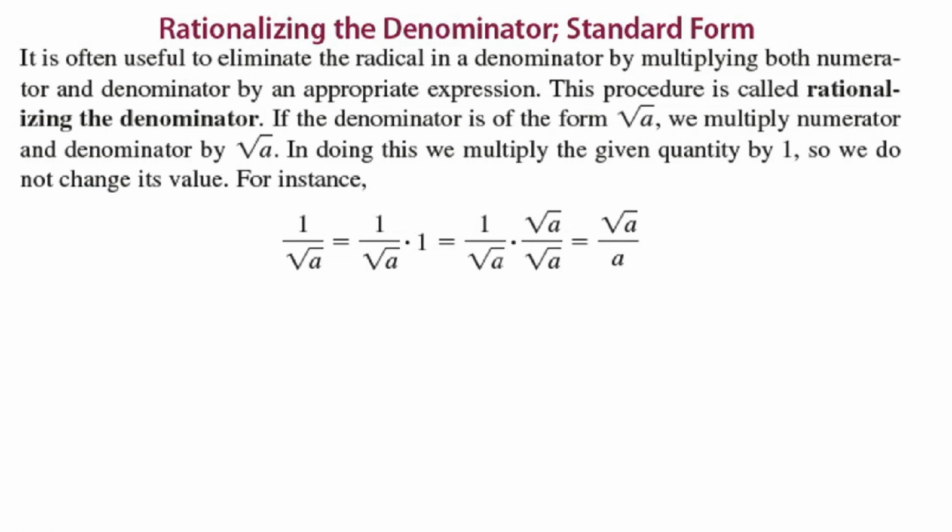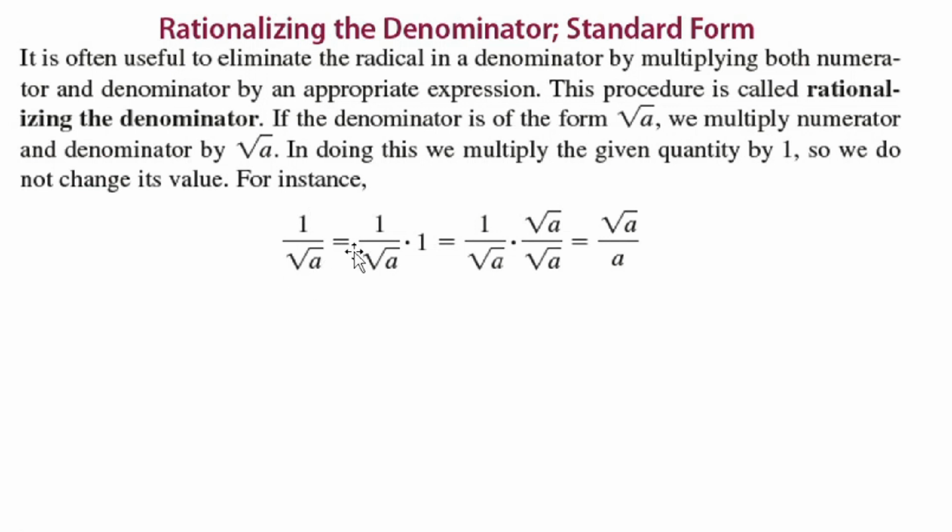If the denominator is of the form square root of a, we multiply numerator and denominator by square root of a. In doing this, we multiply the given quantity by 1, so we do not change its value.